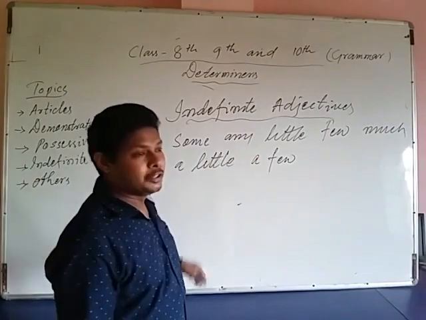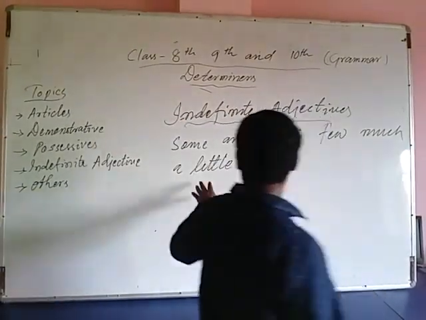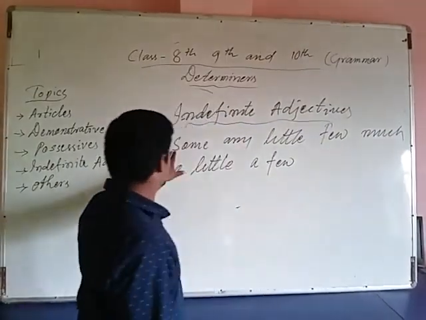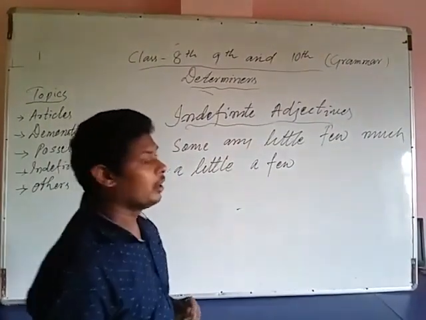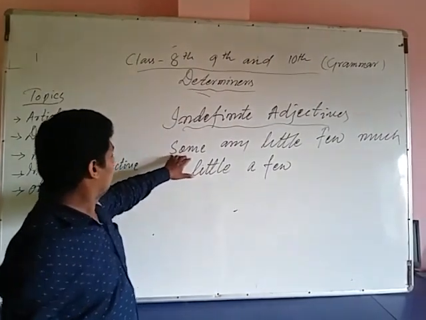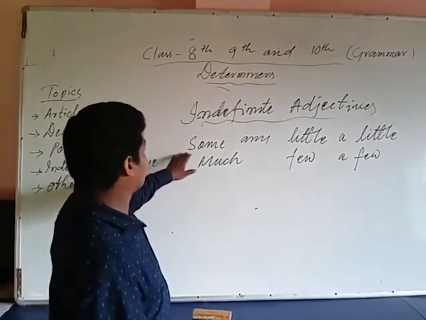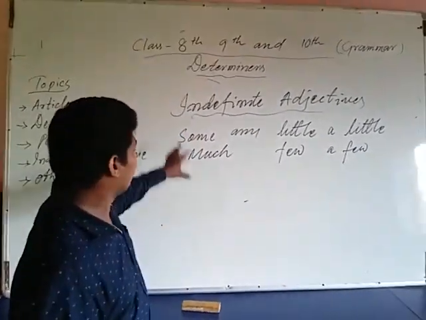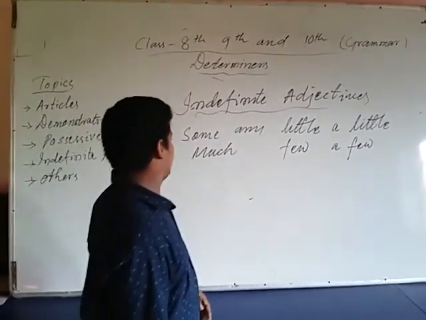Some of them are here, you can see: some, any, little, few, much, a little, a few, etc. So let's discuss some of them. The indefinite adjectives: some, any, little, a little, much, few, a few. These are some of the indefinite adjectives.